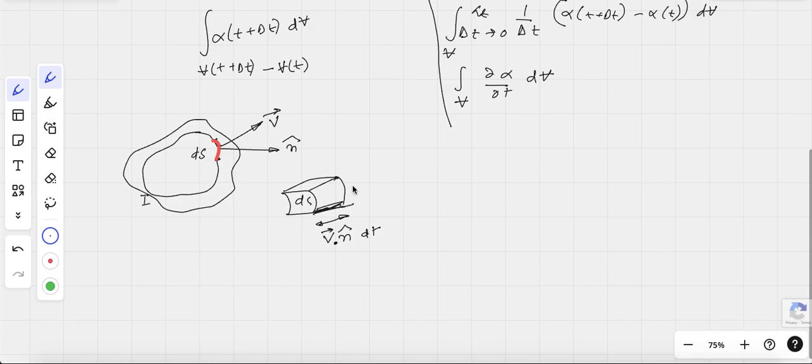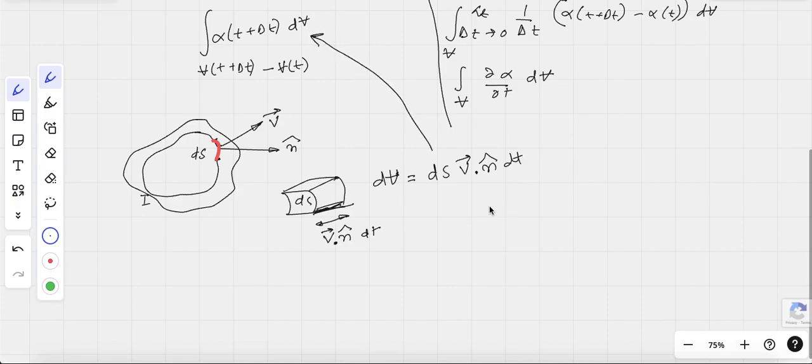So the volume dV, the infinitesimal small volume increase, can be written as dS into v dt, right?